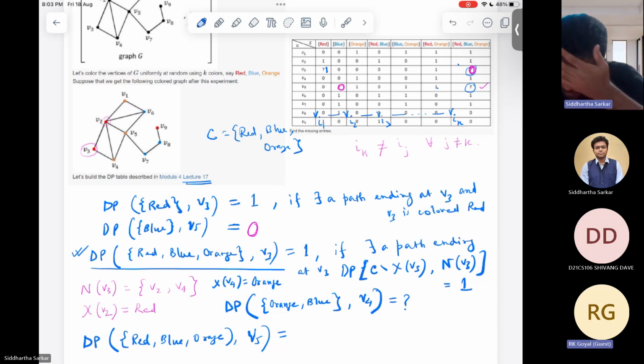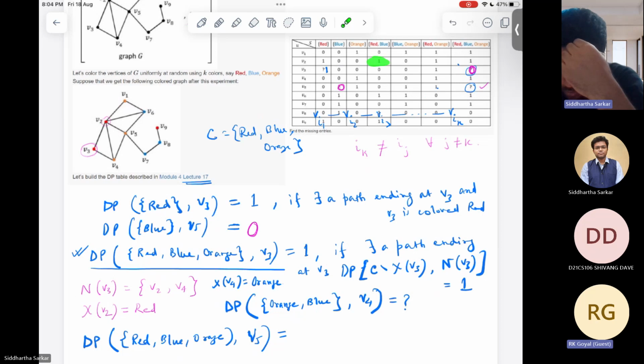I go for V2, and then look for the neighbors of V2 whose color could be blue. I do not find any blue neighbor here. So we are looking at the neighbors of V5. V5 has a neighbor V2.